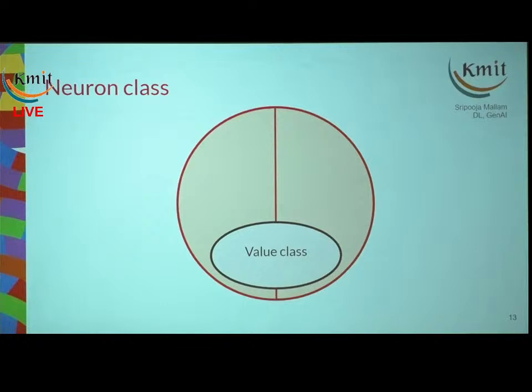So you're still having a dependency on the value class, though you implemented the Neuron class. In the Neuron class, you're doing a sum of Wx plus B and you're also applying the activation on it. But all that is possible because you have the value class in the first place. So this is to give you a mental picture of how the value class and Neuron class are working together.